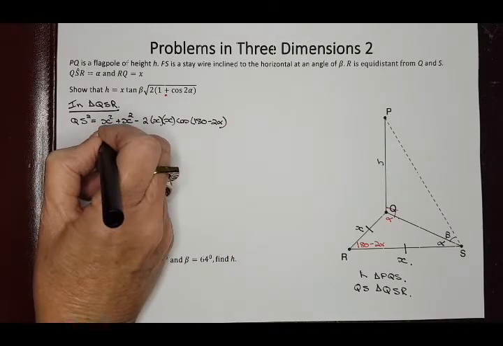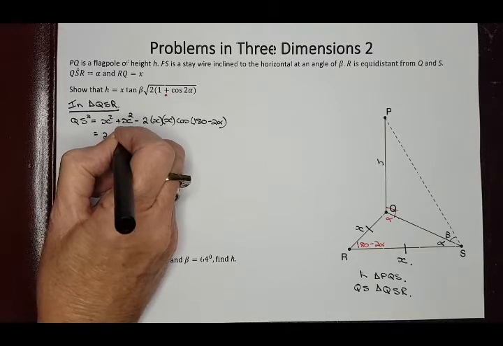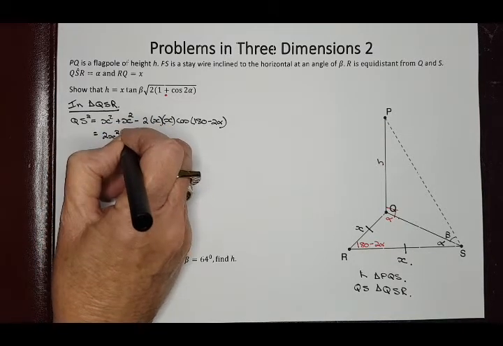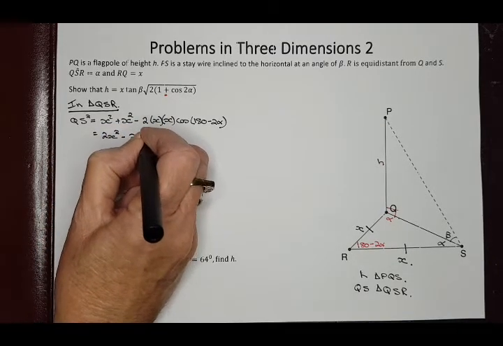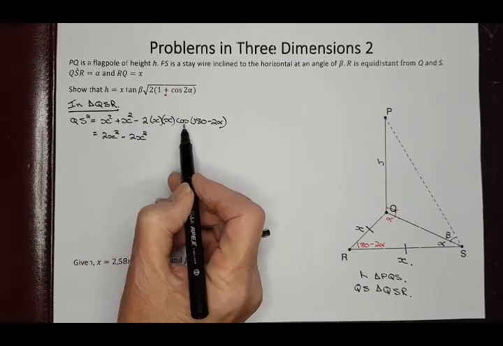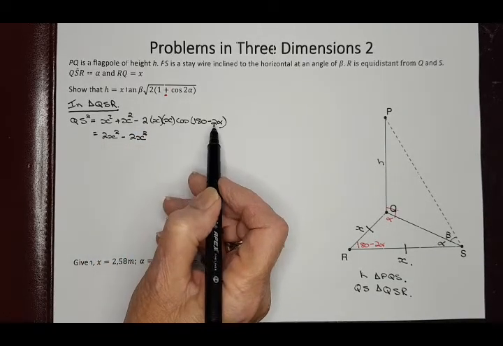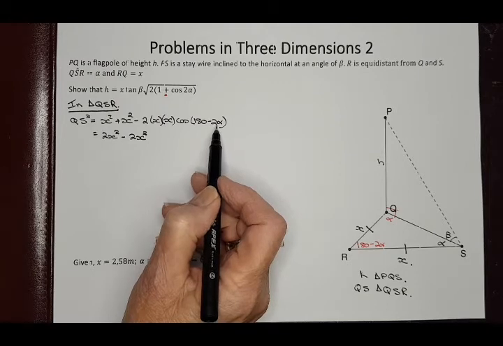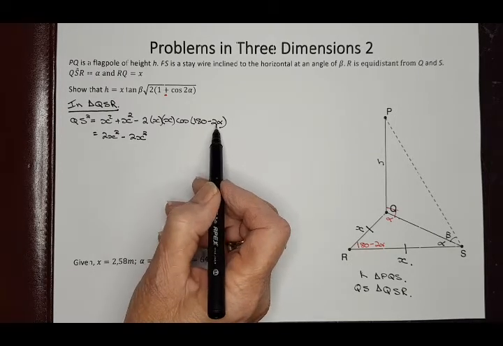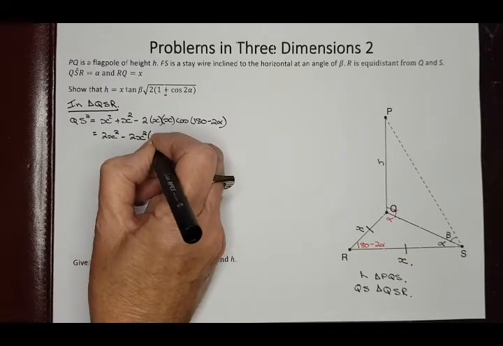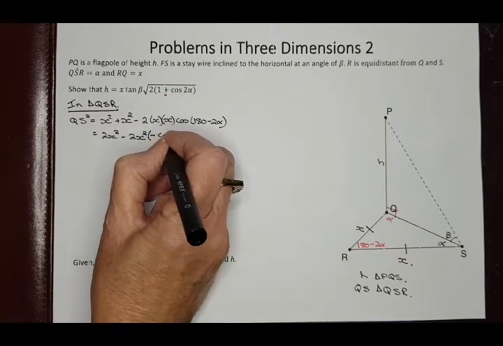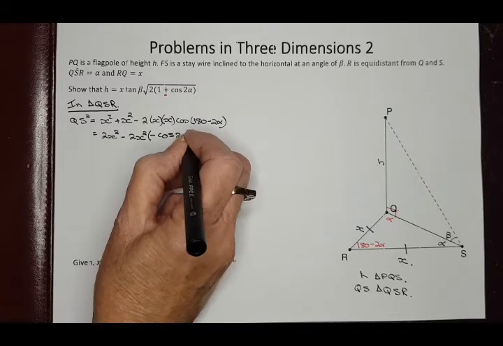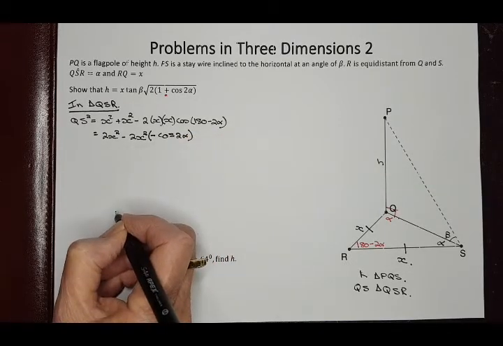X squared plus x squared is 2x squared, minus 2x squared, cos of 180 minus 2 alpha. Now you've got to use your reduction formula. 180 minus 2 alpha, what quadrant? Second. What sign? Negative. What axis? X. What ratio? It stays the same.